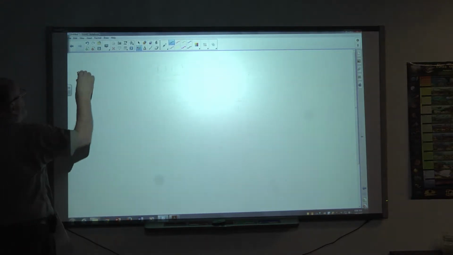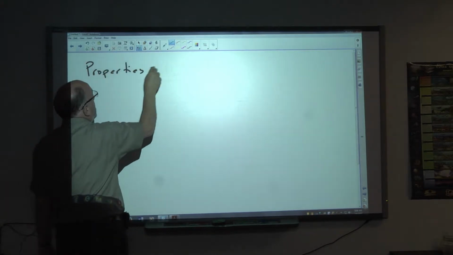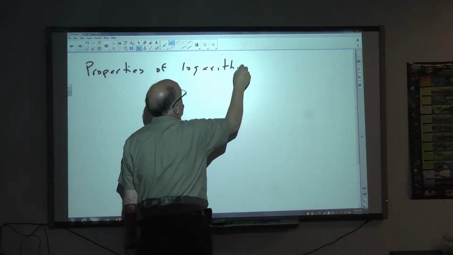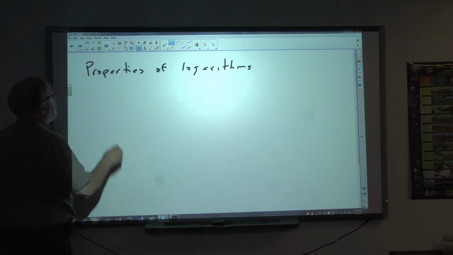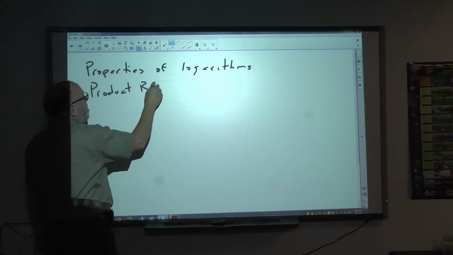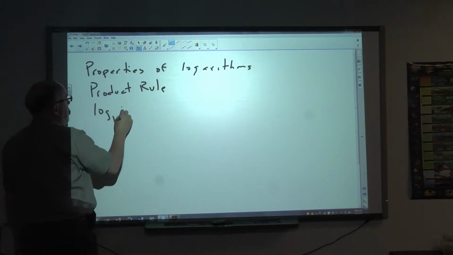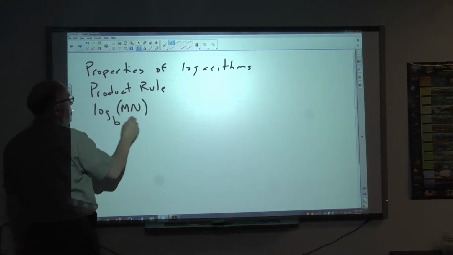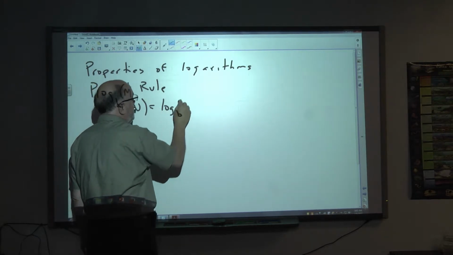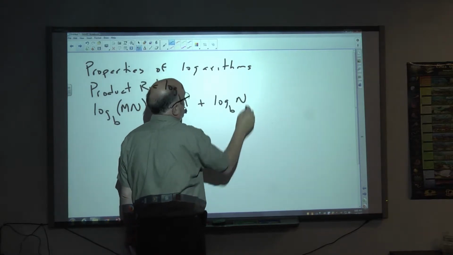In terms of logarithms, you get various properties of logarithms. The first property is the product rule. The log base b of m times n is equal to the log base b of m plus the log base b of n.